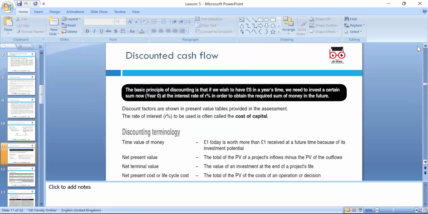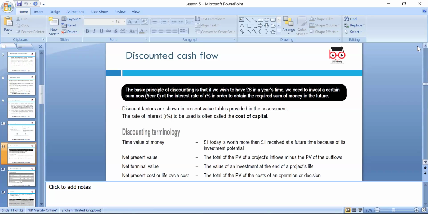Discounted cash flows. The basic principle of discounting is that if we wish to have a pound in a year's time, we need to invest a certain sum now, and we look at the percentage return required on the money you want to invest. And when you retire, what money do you expect every month, every week?